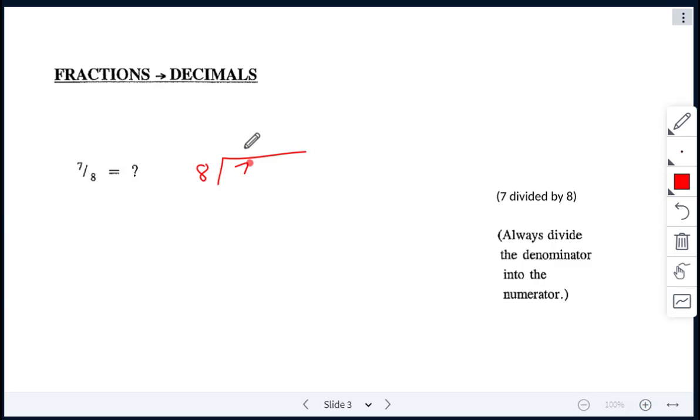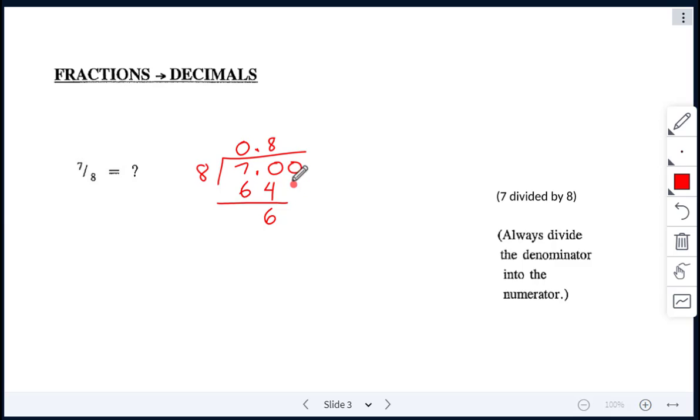All right, so how many times can 8 go into 7? So 0. And then we're going to start bringing some more zeros here. How many times can 8 go into 70 now? Would be 8 times, which gives us 64. 70 minus 64, that gives me 6.